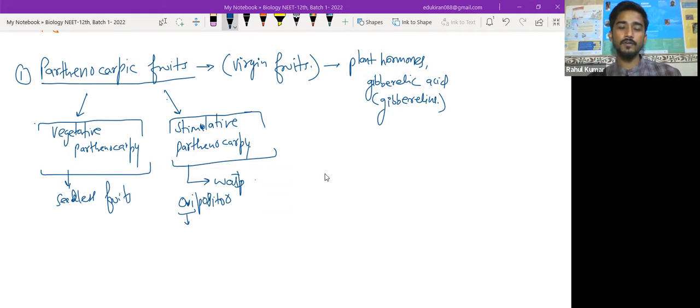Ovipositor of a wasp is inserted into the ovary of a flower. Okay, because when this insertion happens, it stimulates that ovary to ripen without fertilization, so it does not wait for fertilization.